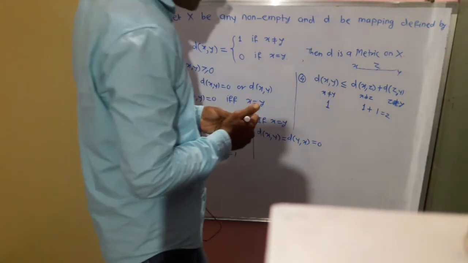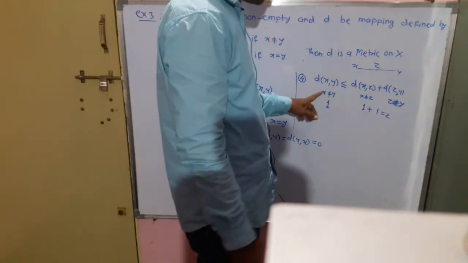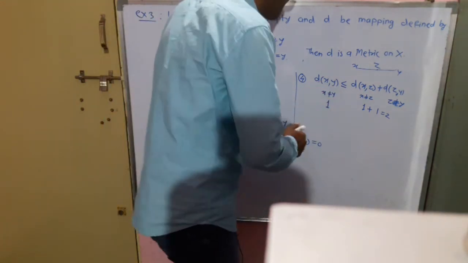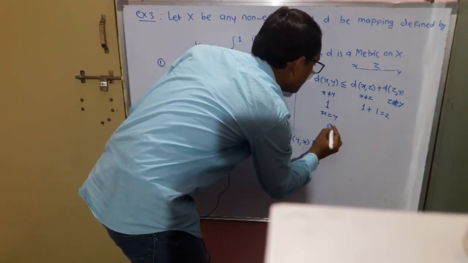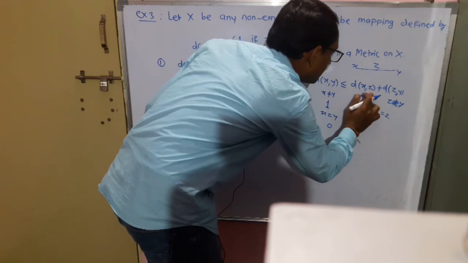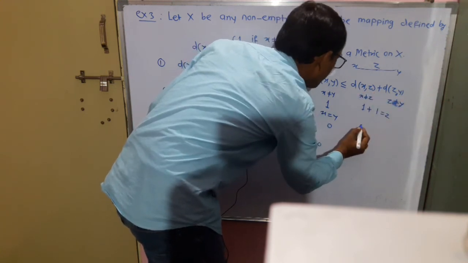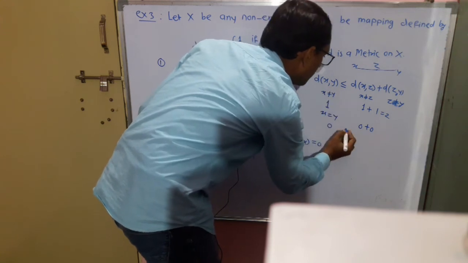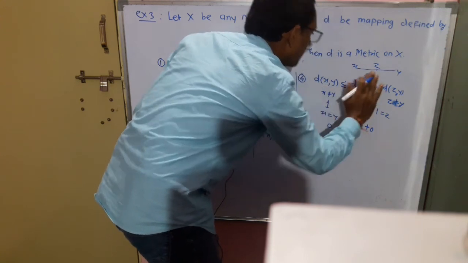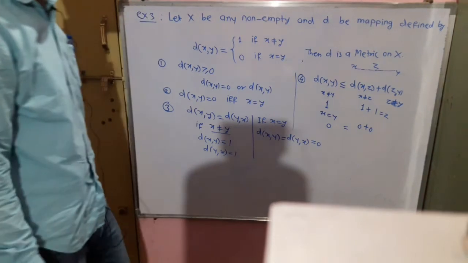Another possibility: suppose x is equal to y, so the value of the left hand side is 0. If x is equal to z and z is equal to y, then obviously the right hand side is 0 plus 0. So if all are equal, we get equality. This is also true.